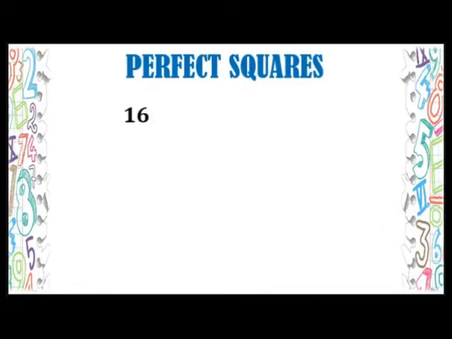Examples of perfect squares. For 16, we have 16 because it has factors 4 and 4. Or it can be written as the square of 4. We also have x squared. In expanded form, it's x times x.